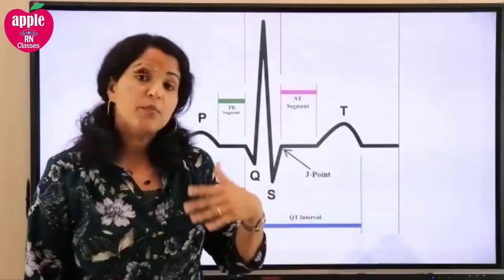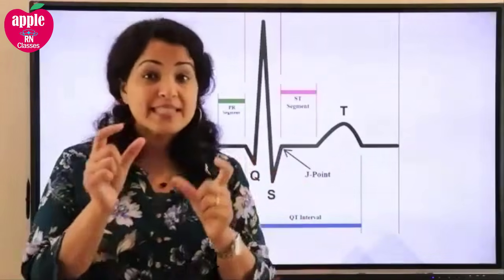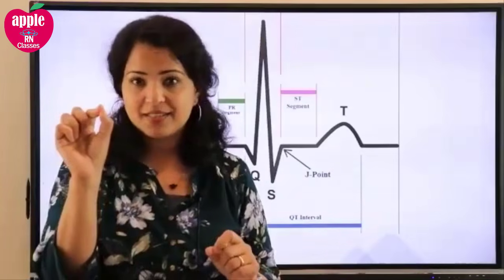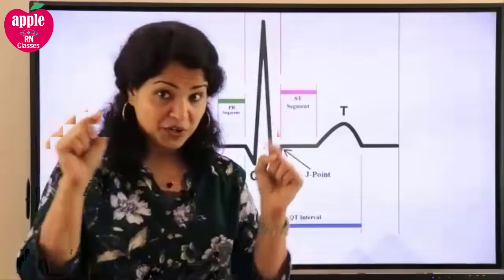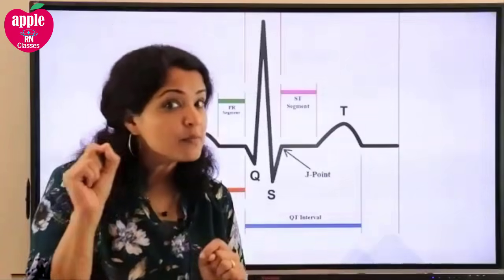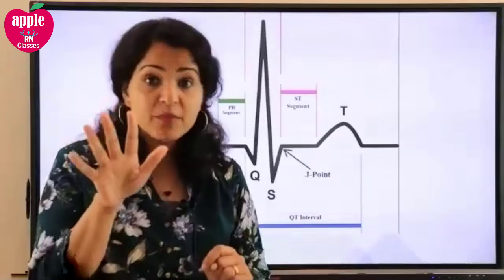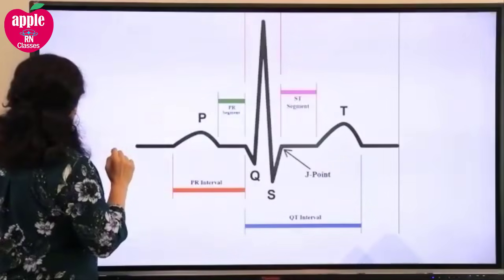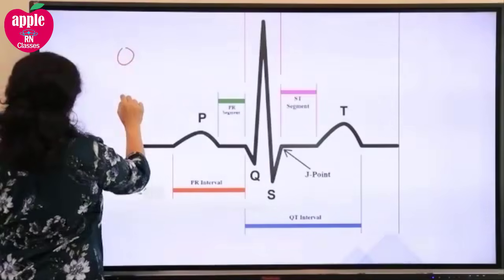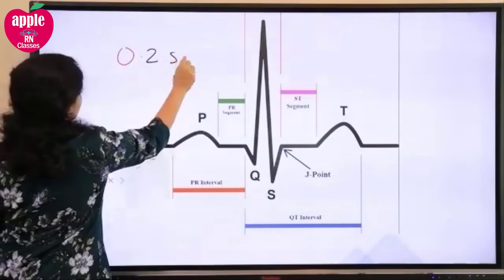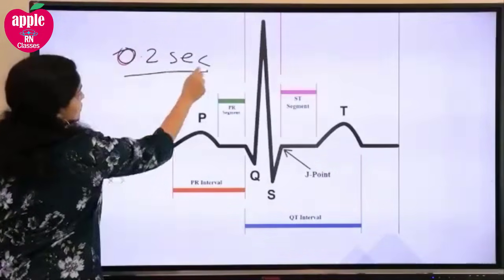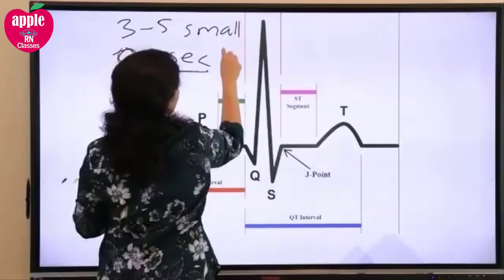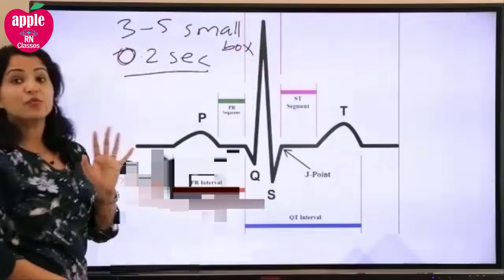I mean, it should not be more than 0.2 seconds. 0.2 seconds in ECG is 5 small blocks. Very small blocks, not the bigger one, okay? The smallest blocks, when 5 of them are together, we will say it is 0.2 seconds. Okay, it's 0.2 seconds, or 3 to 5 small blocks. That's what is normal.